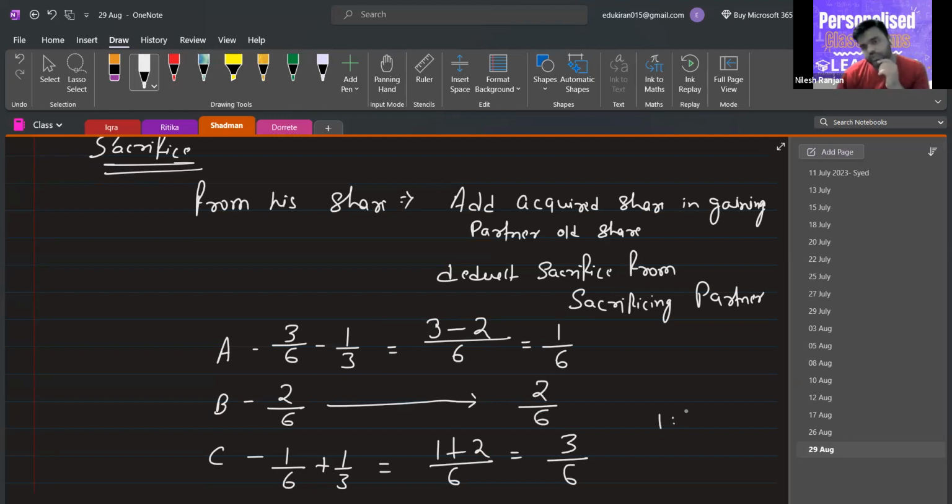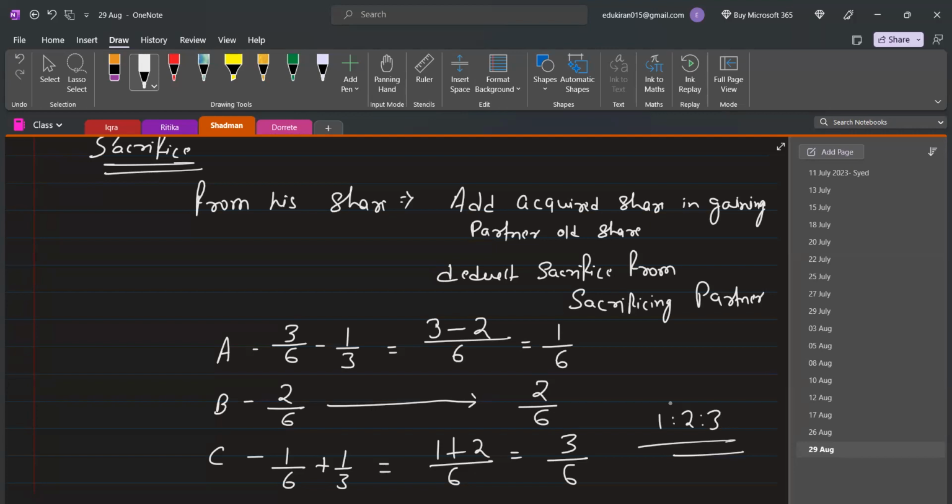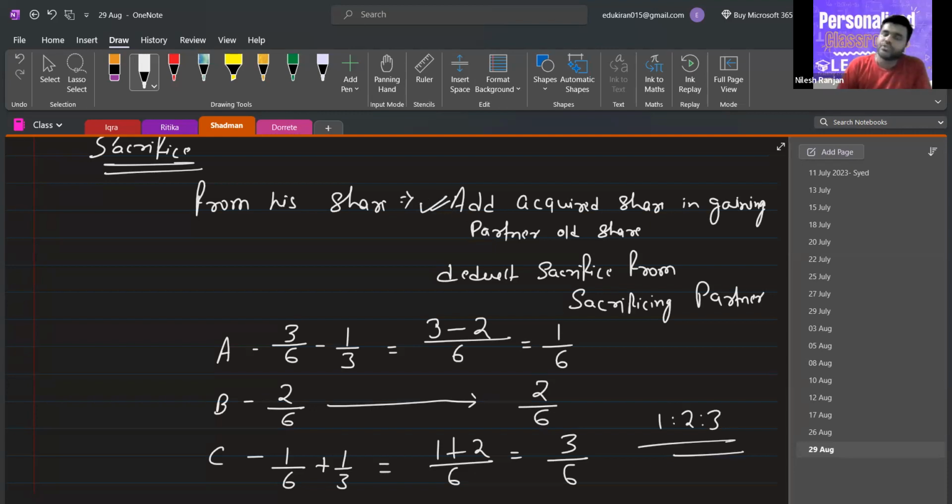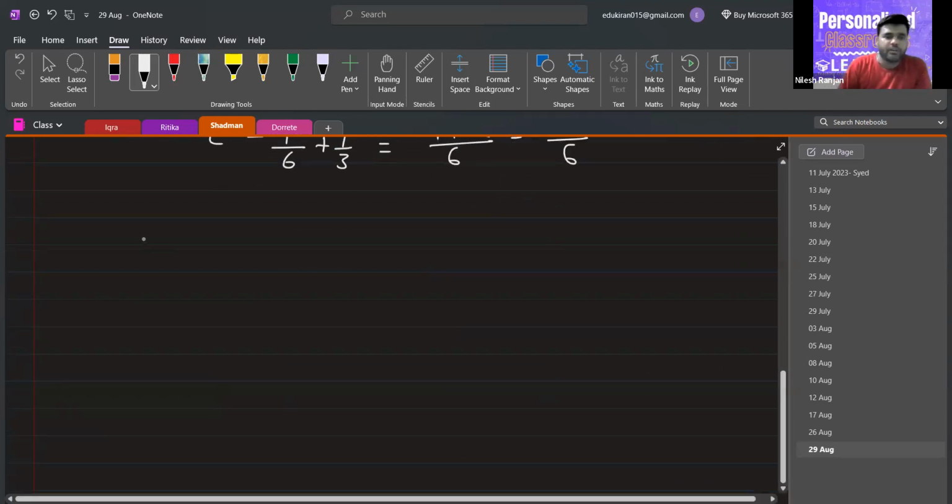Now the ratio is 1:2:3. This is where "from his share" is given in the question. So these two things we have to do: add into the gaining partner's share and deduct from the sacrificing partner's share.